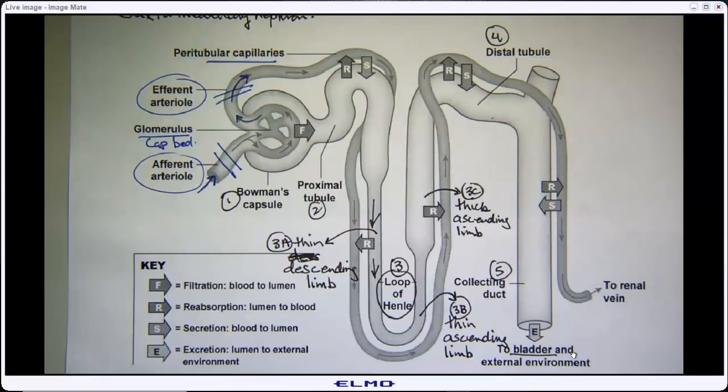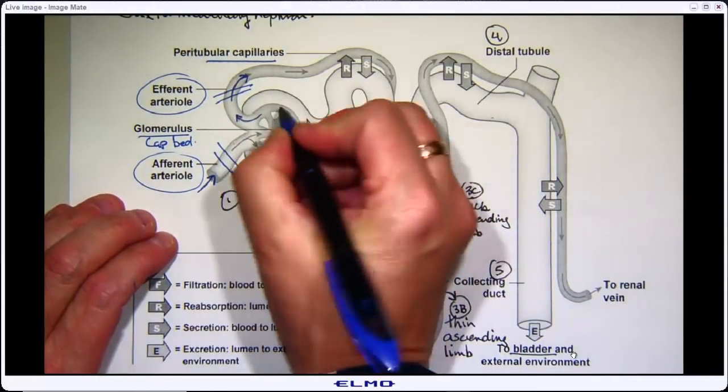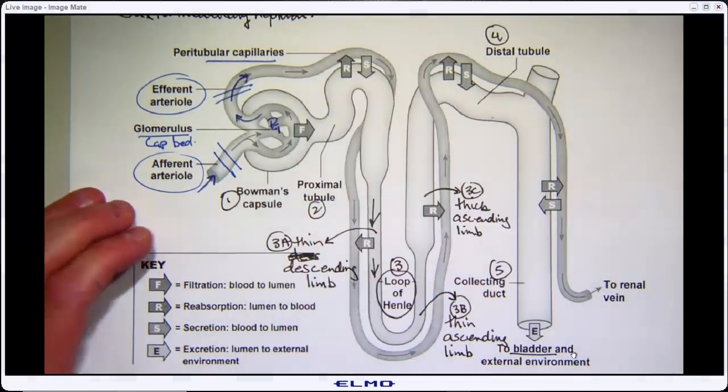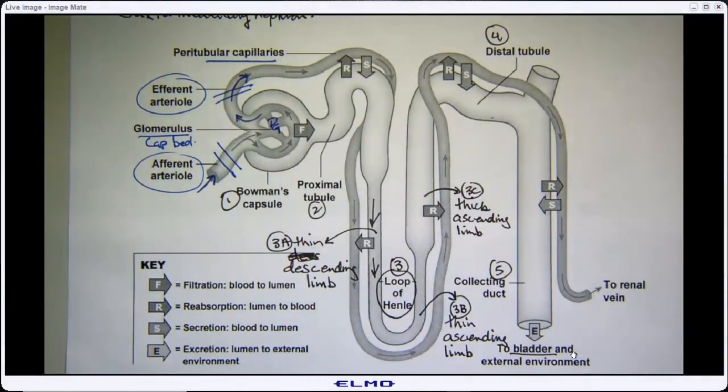So essentially then, when we're talking about filtration at the level of the kidney, we've just been talking about changing pressure in the glomerulus. Changing pressure in the glomerular capillary bed. So what is the hydrostatic pressure in the capillary bed that we're now calling the glomerulus?